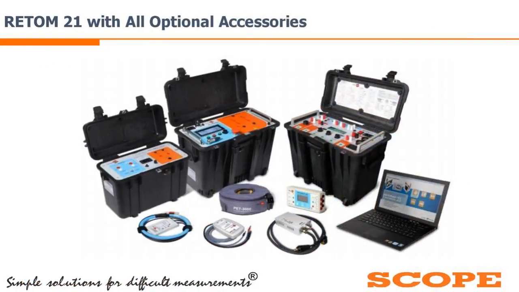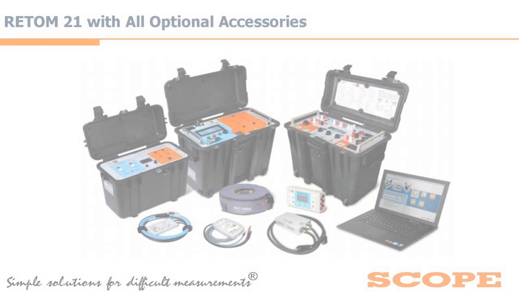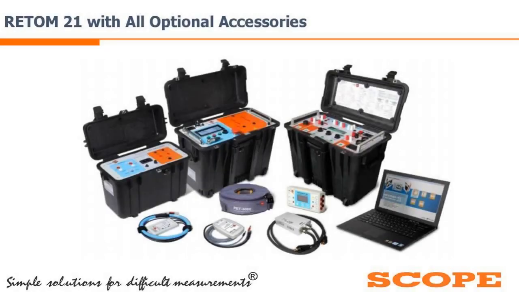Here you can see the whole instrument with all optional accessories. This is our RATOM 21. This is the RED 6000. This is RED 2000. This is RED 3000. So this is a view of RATOM 21 with all optional accessories.